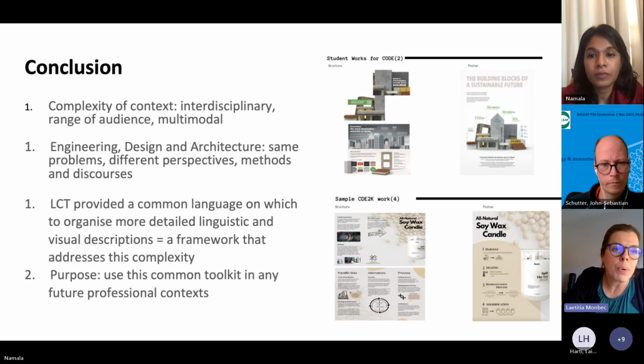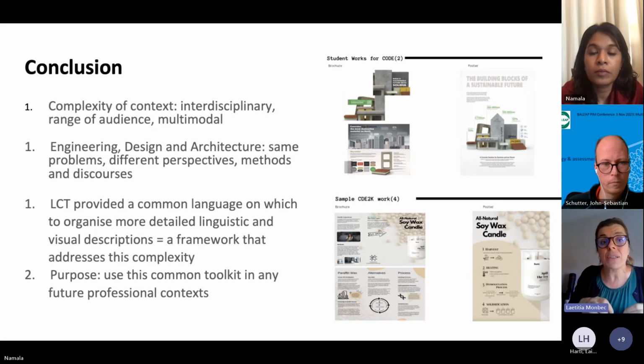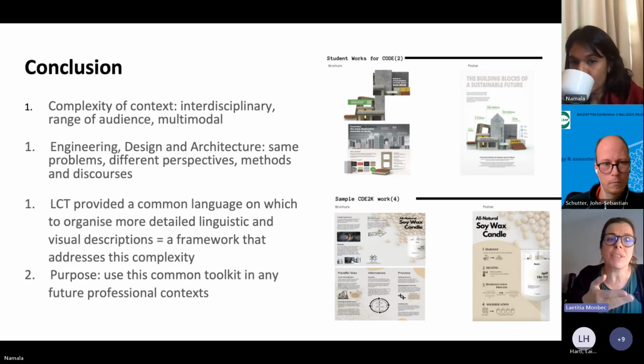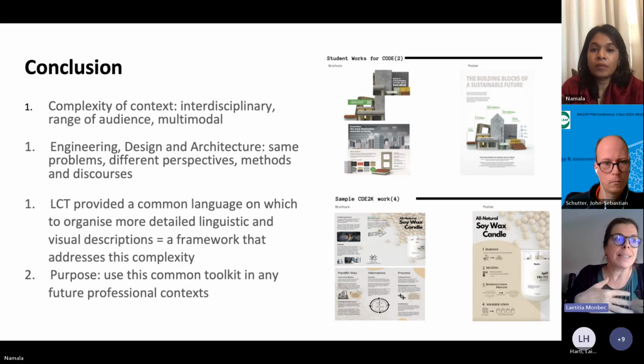Because we had engineers, architecture students, and designers in the classroom, we found that this was a great way for them to talk to each other, because in terms of technicality, they're so different, as Nam was saying. Engineers come in with a lot of technicality and more ease with that.